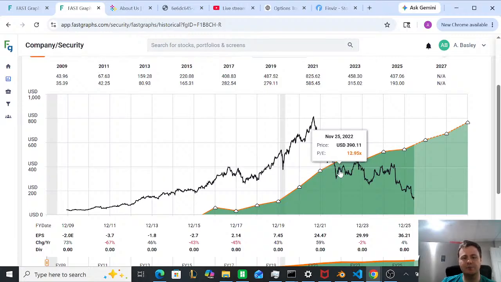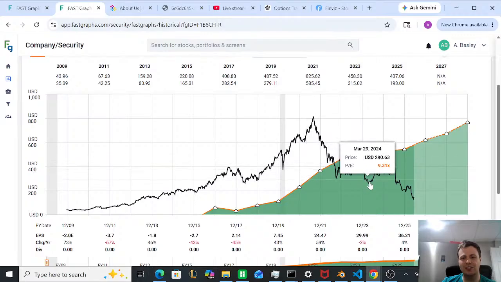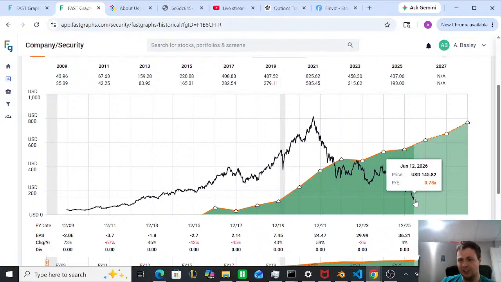So from there, we always see that earnings are what drives share price in the long run. It finally caught up, crashed to perhaps where the earnings should be, and then it just kept crashing. At this point, it's trading at a 3.78 PE.